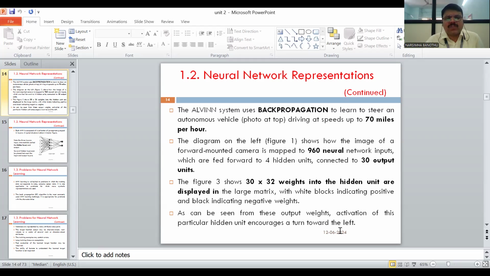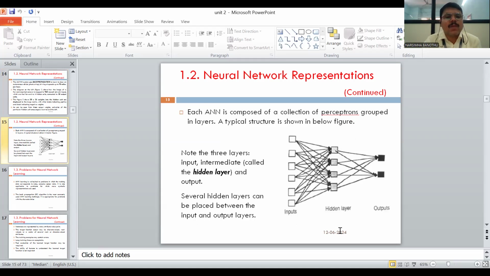As can be seen from these output weights, activation of this particular hidden unit encourages a turn toward the left. So see here, these are the inputs, this is a hidden layer, these are the outputs, right? So an artificial neural network is composed of a collection of perceptrons grouped in layers, right?